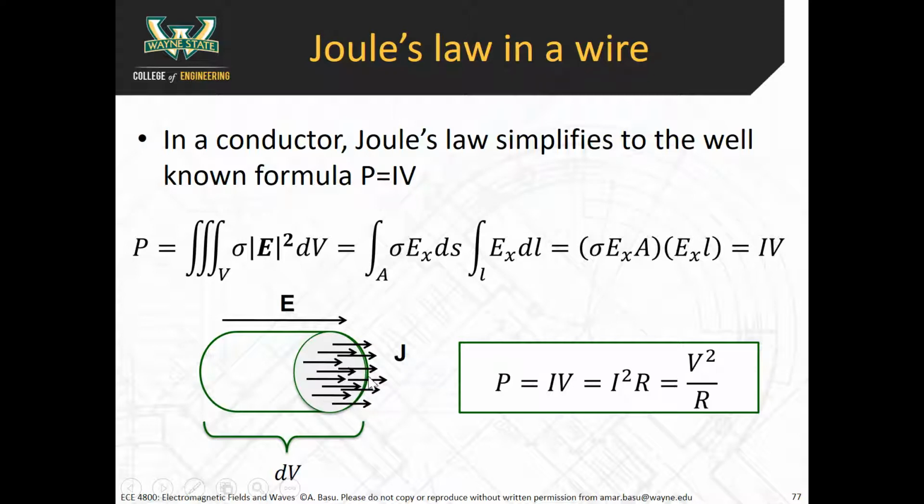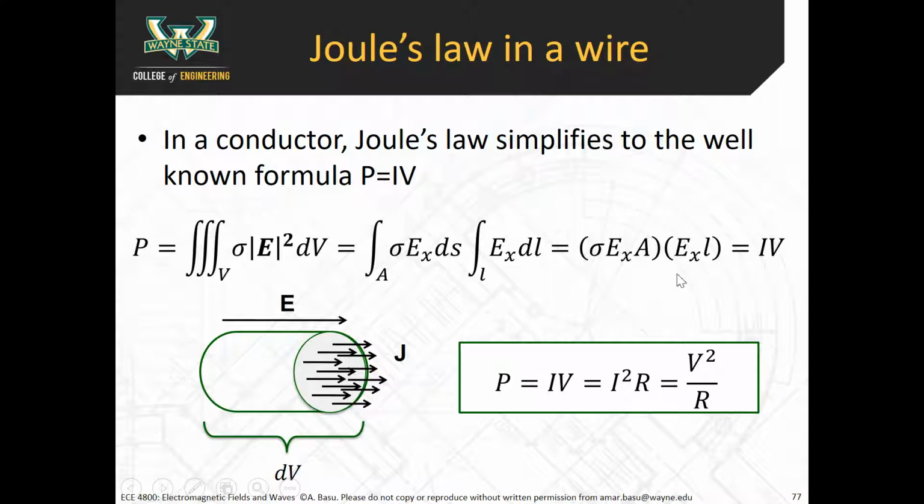So if you take that integral over the entire area, it just becomes sigma times Ex times A. The second integral, we're integrating over the length of the wire. Again, the electric field is going to be constant everywhere along the wire if you have a uniform wire. So this becomes Ex times L. And that's where this formula comes from.